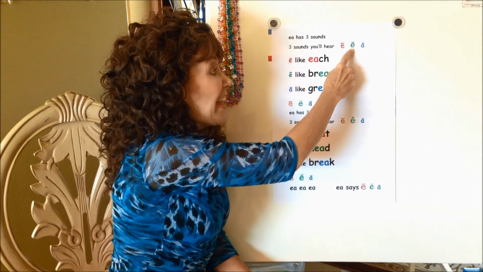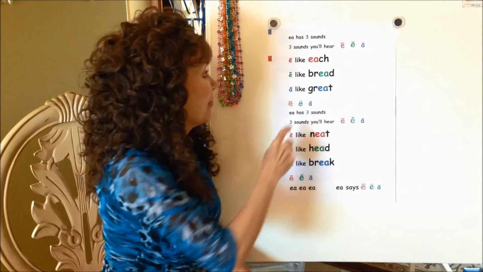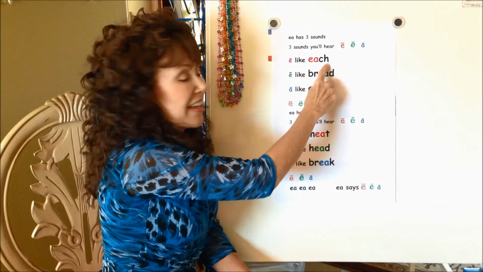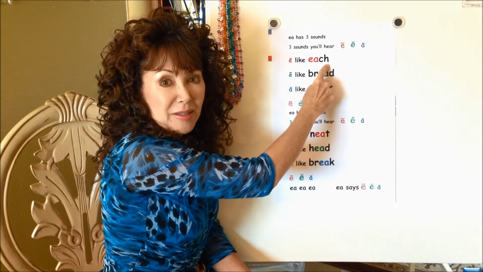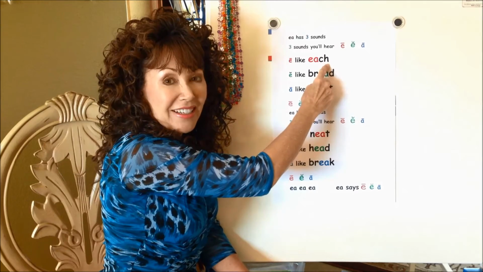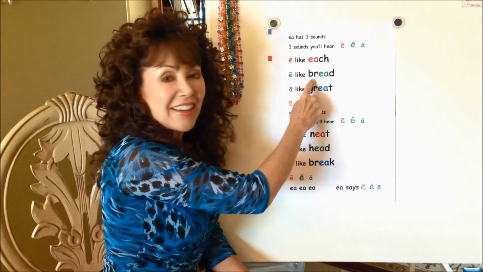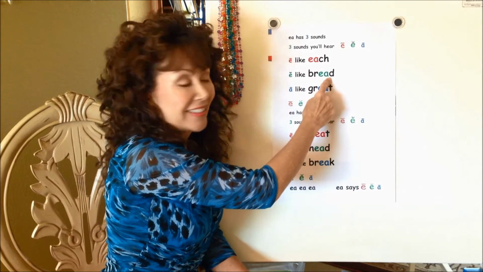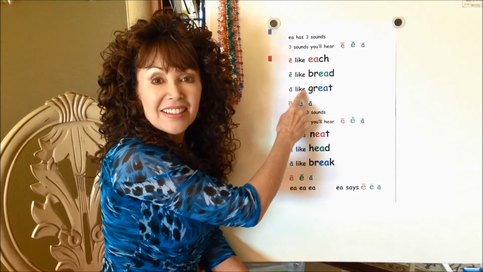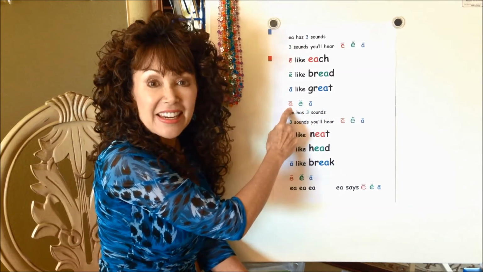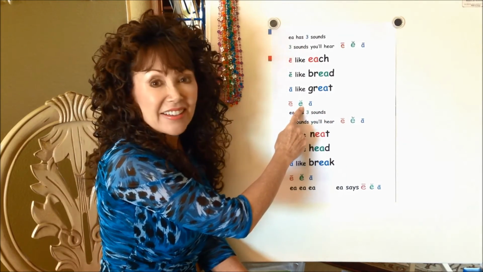E, E, A. E like each. Remember we spelled this word with our magnetic tiles? E like bread. A like great. E, A.